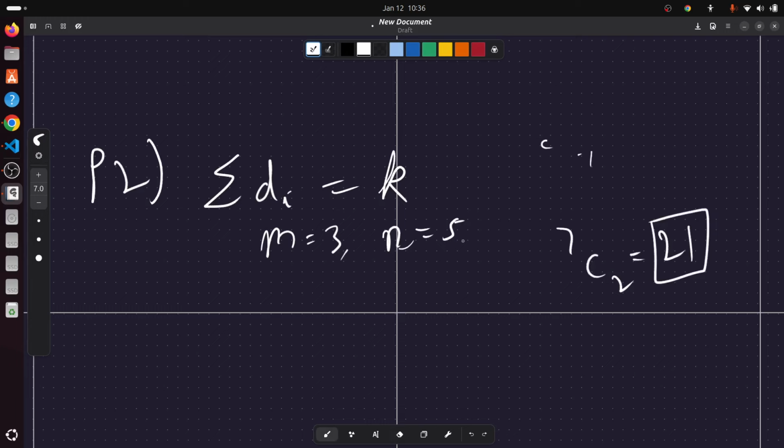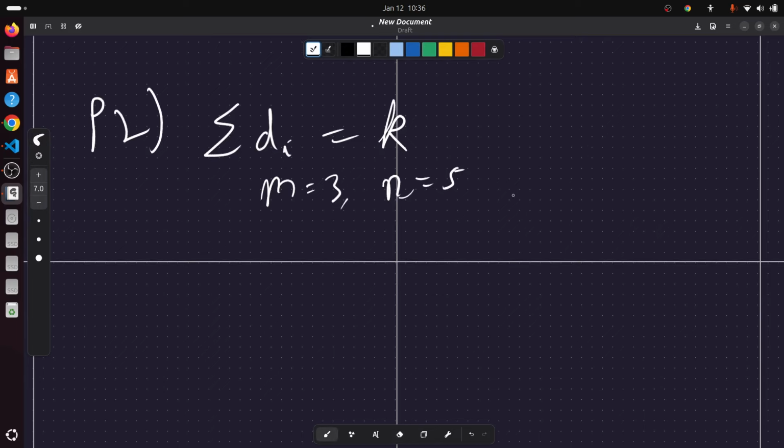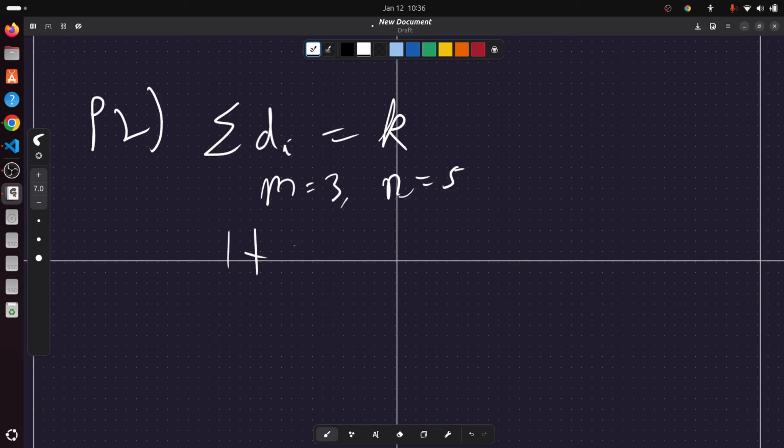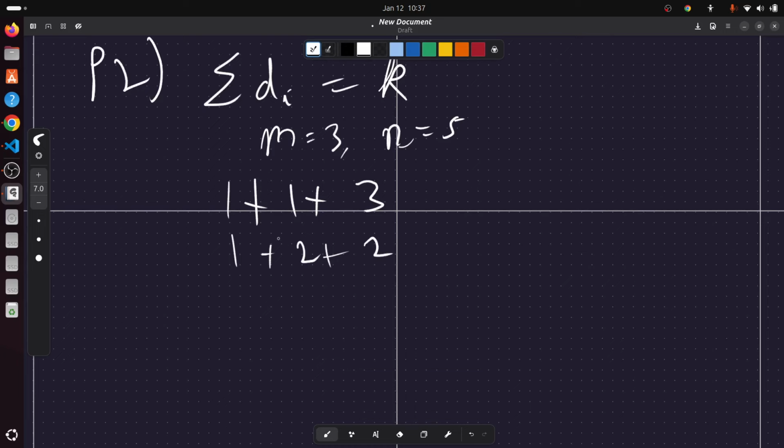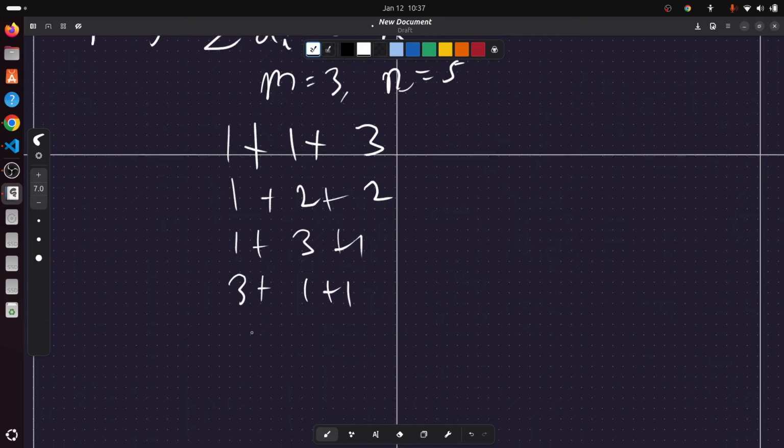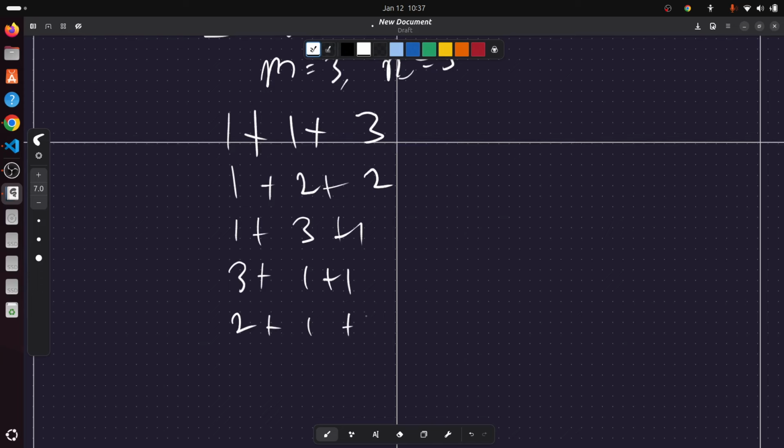Like let's say m is 3 and n is 5. Then how I can break is, let's say 1 plus 1 plus 3, or we can have 1 plus 2 plus 2, or I can have arrangements of these like 1 plus 3 plus 1, or 3 plus 1 plus 1, or 2 plus 1 plus 2, or 2 plus 2 plus 1.